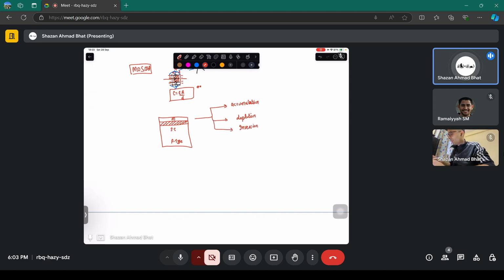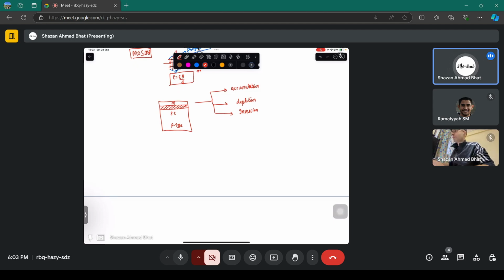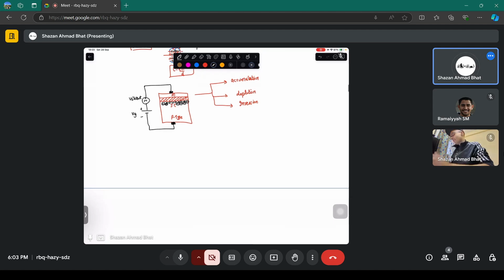These three regions govern the operation of a MOS capacitor, and what type of charges accumulate, whether electrons, holes, or immobile ions, is governed by the voltage you apply at the terminal, the gate voltage VG. This is a small signal, let's say AC, voltage, but it governs the electrostatics of the charged region formed beneath the oxide layer.